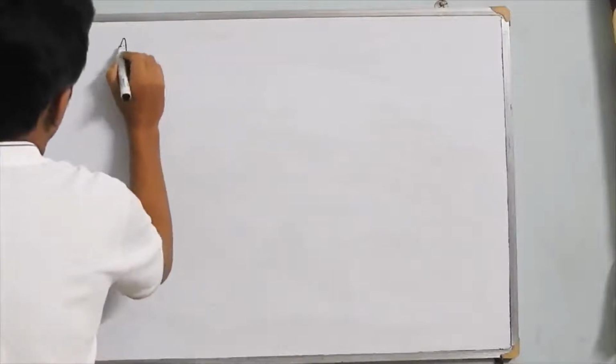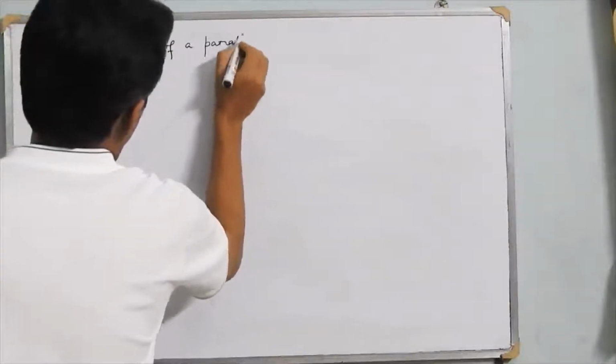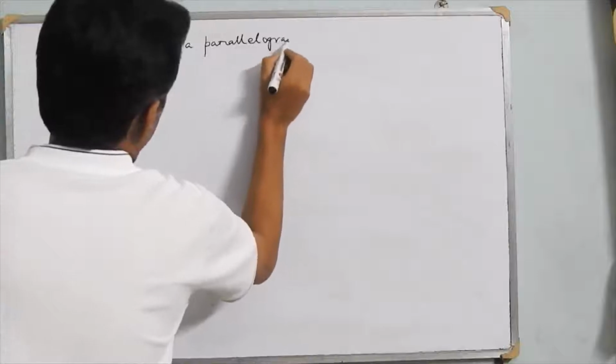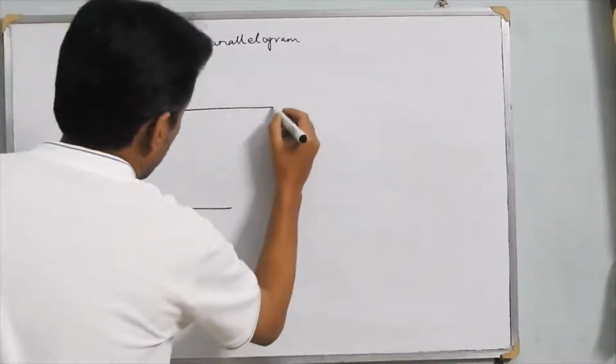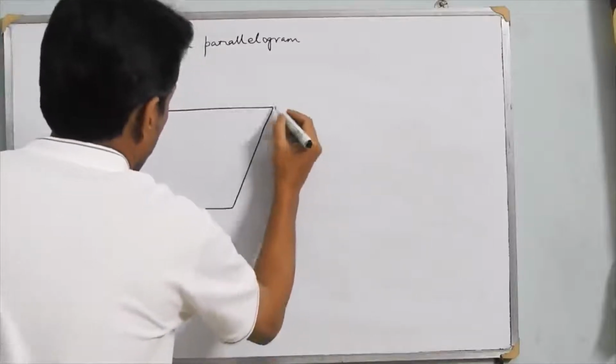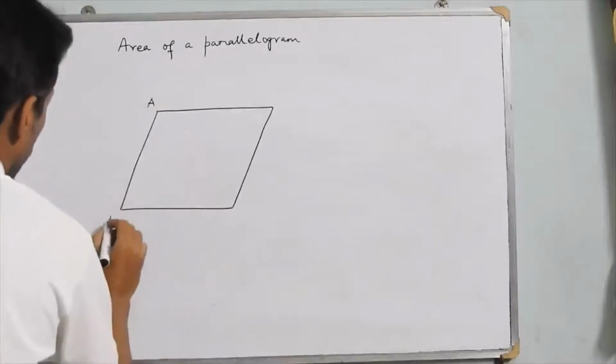So using the cross product of vectors, we can find the area of a parallelogram and we can also find the area of a triangle. So let us calculate the area of a parallelogram using cross product. Suppose we have a parallelogram ABCD whose adjacent sides are expressed as vectors.